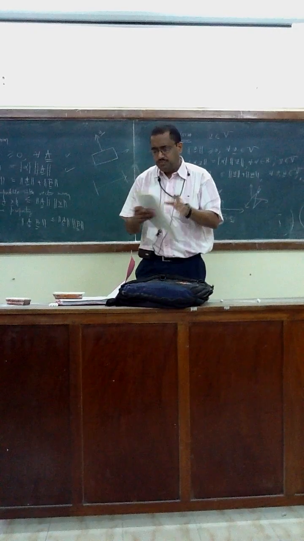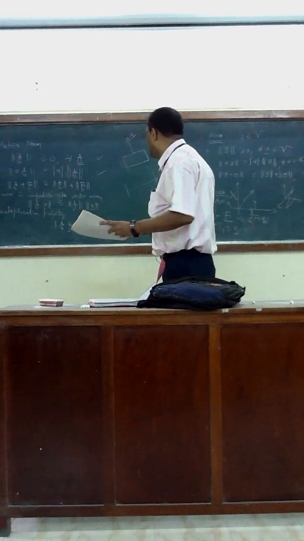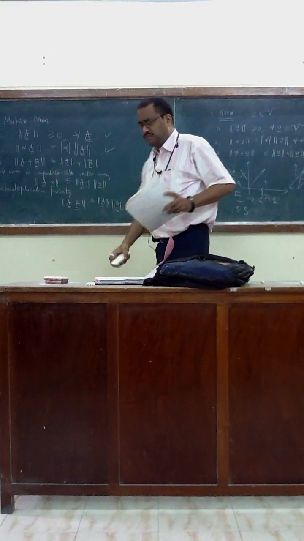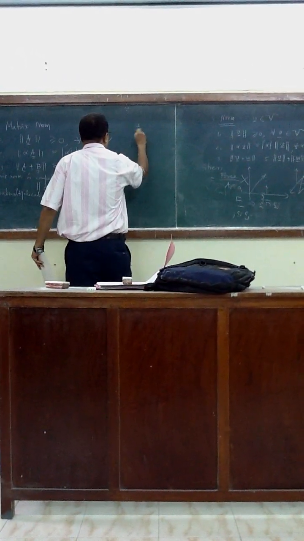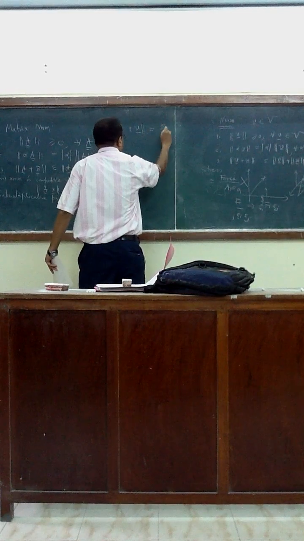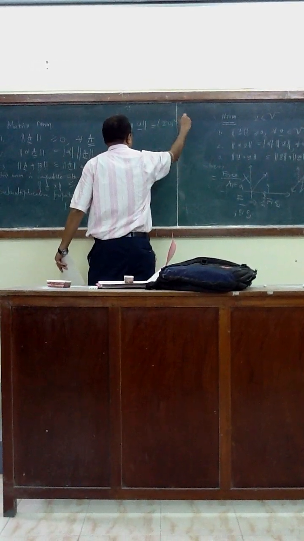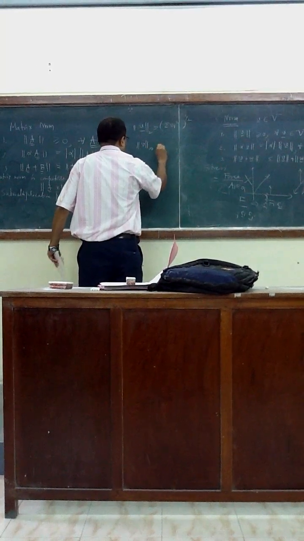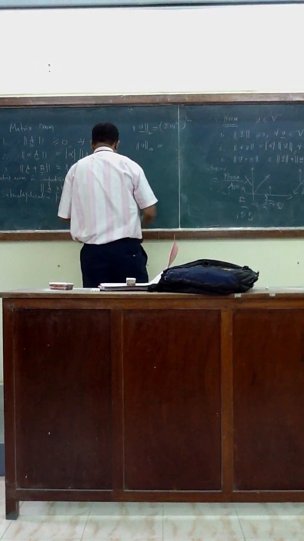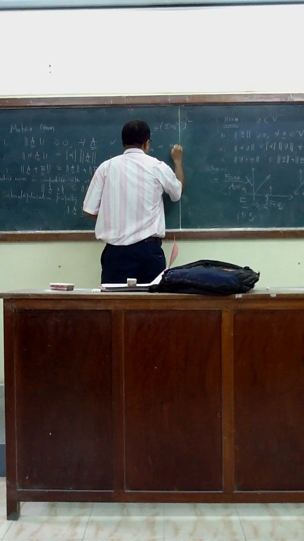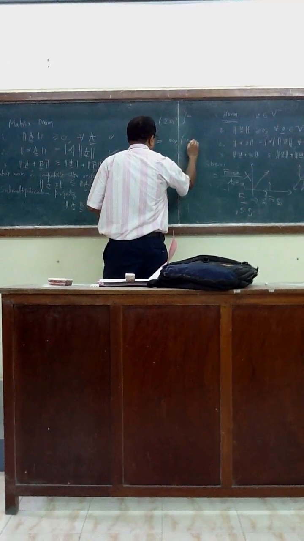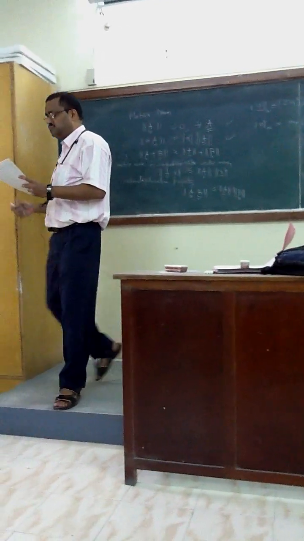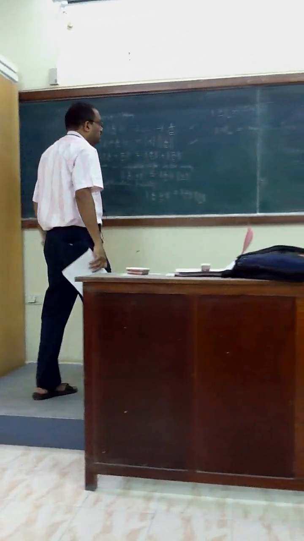I will give you an example. The norm of a vector we defined as summation vi square, whole to the power half. This is the two norm. Sometimes we define the infinity norm, which is the max of v1 to vn, the maximum element.